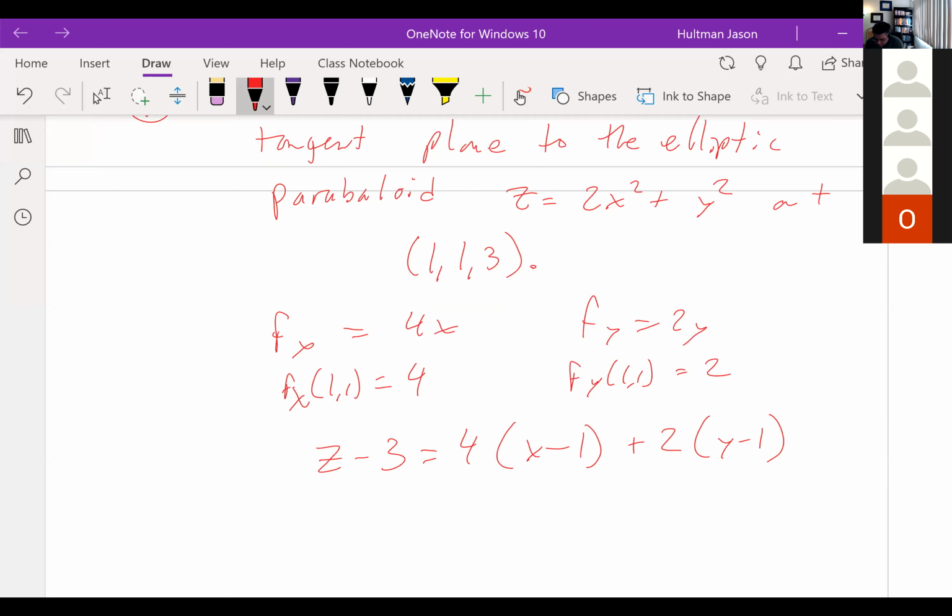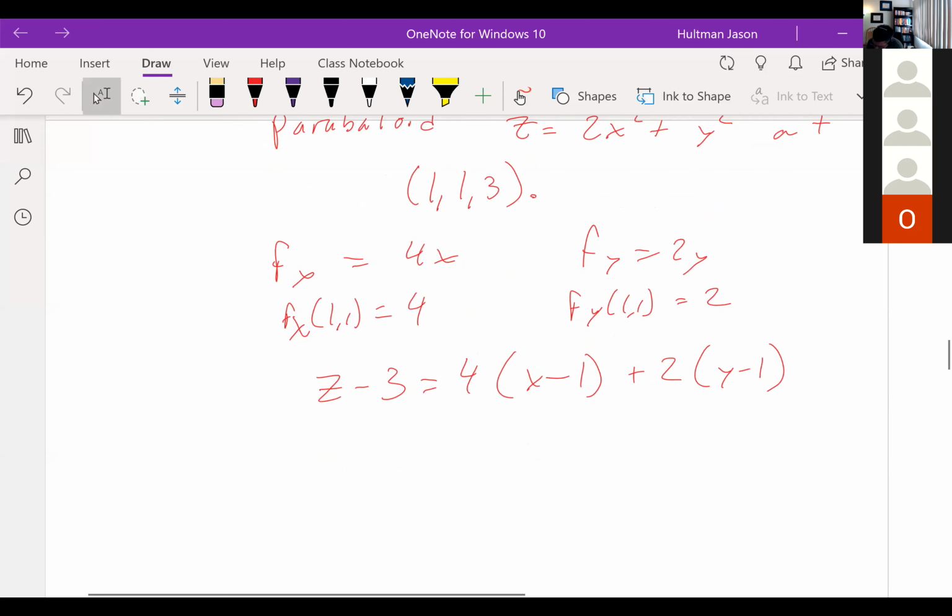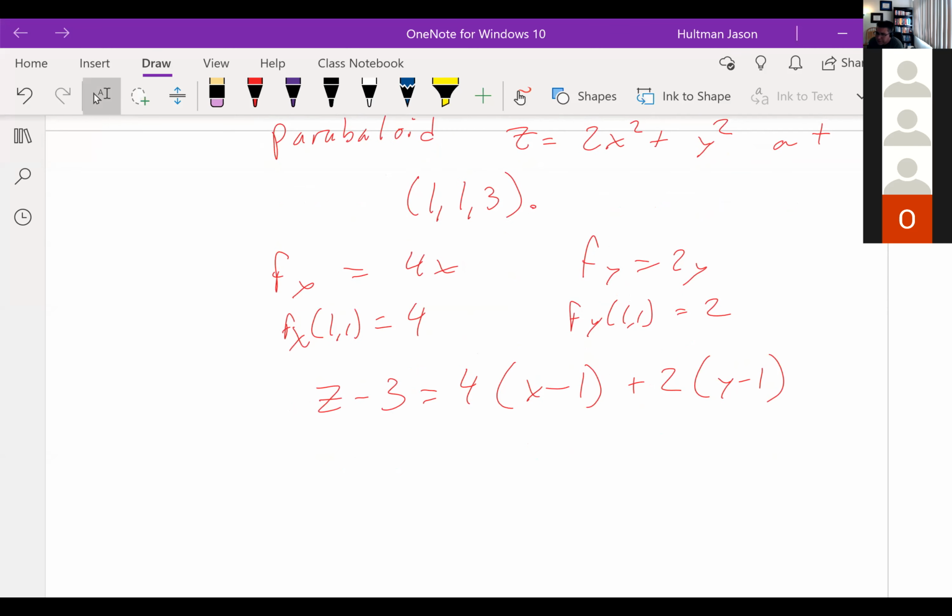Okay, and if I wanted to clean that up, I could solve for z, just like we would put it in slope-intercept form. We could put this in a plane with z equals just x and y. We could clean it up. Z minus 3 is equal to 4x minus 4 plus 2y minus 2.